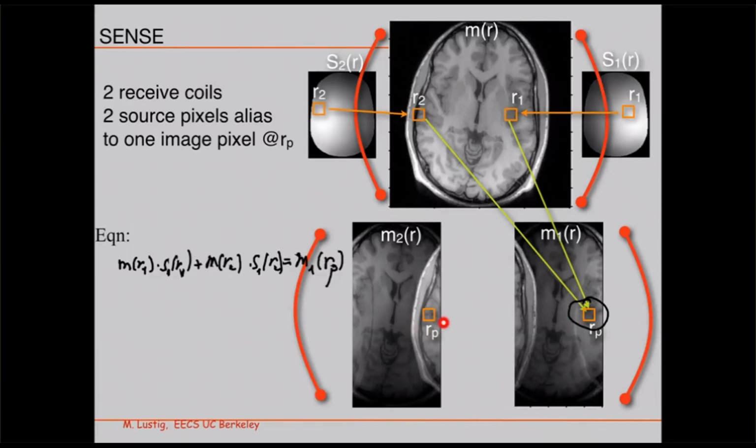Now, anybody wants to say what is the equation for this thing? I'm going to write it down, but based on what you're saying. I'll start. Okay. The image at R1 multiplied by S2 at R1, the sensitivity now here, plus what?